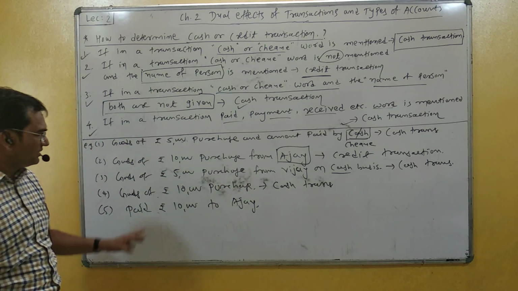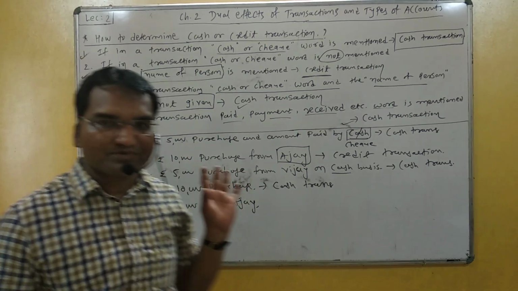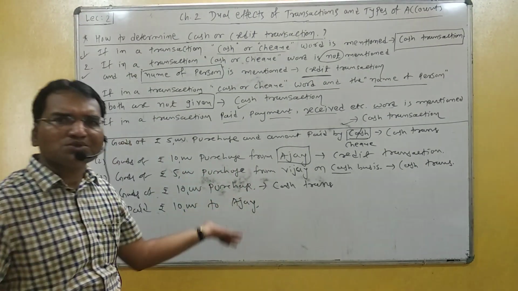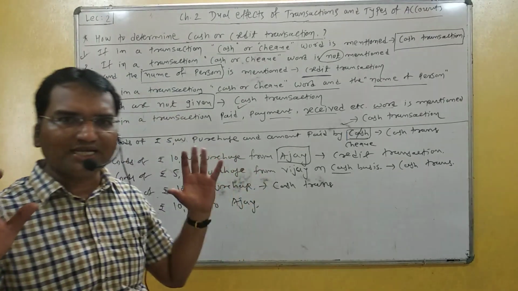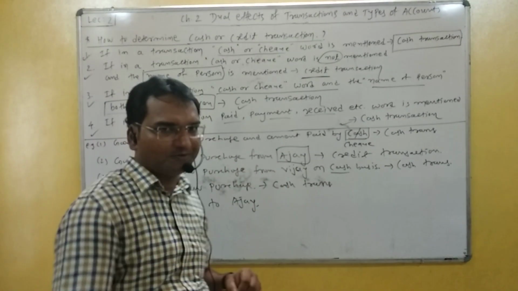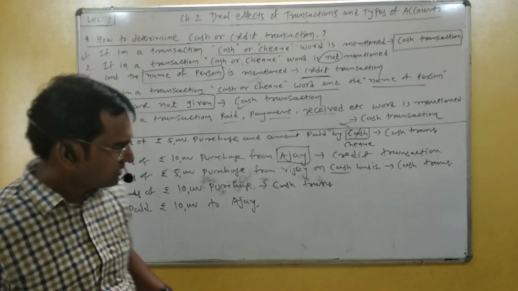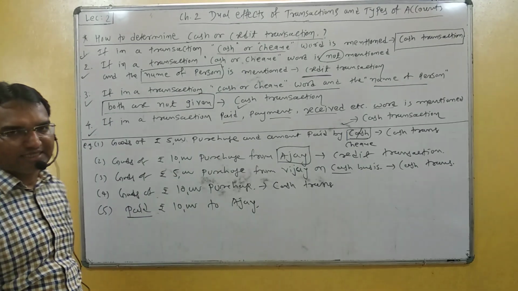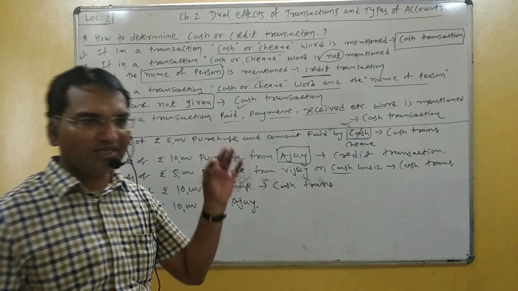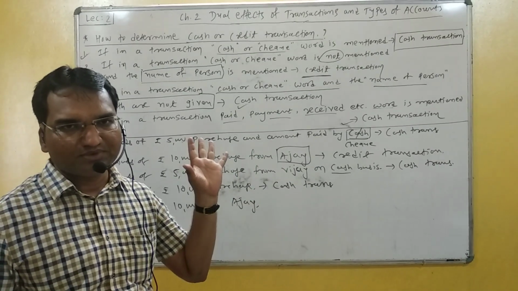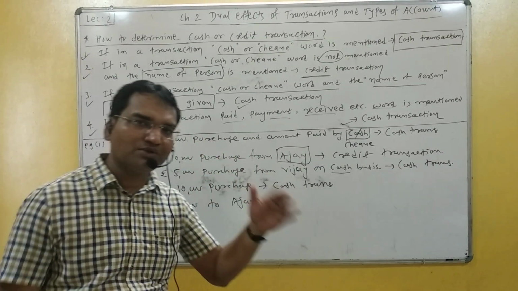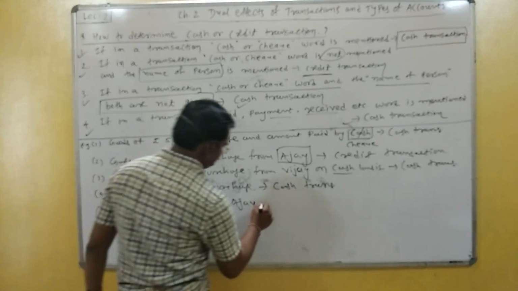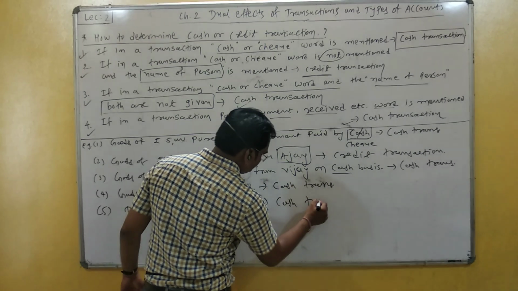Here you can see that the name of a person is mentioned. Some students think that since the name of a person is given and the cash or check word is not given, it is a credit transaction. But students, you are wrong, because the paid word is mentioned. The paid word indicates that the amount is paid by cash or check, and so it is treated as a cash transaction. So be careful, this is a cash transaction.